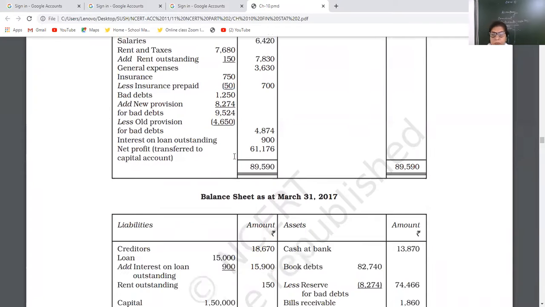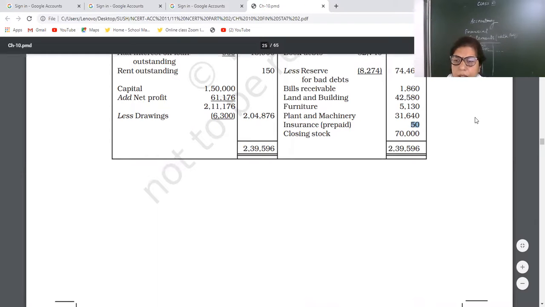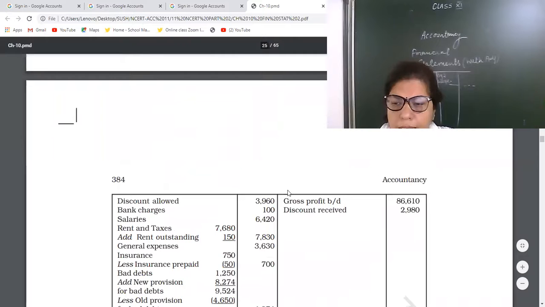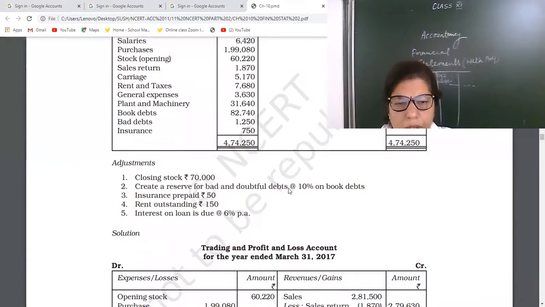Because every adjustment has two side effects. See here, insurance prepaid is the asset for the businessman. Why is this termed as an asset? Anyone can give the answer. This is the asset for the businessman because that is paid in advance by the business proprietor.